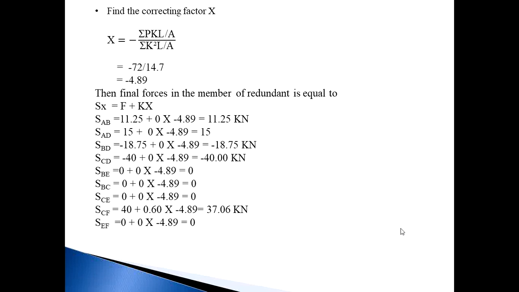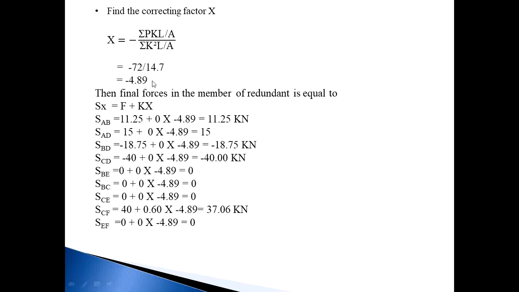So find the correcting factor X. How to find the correcting factor X: it is minus summation PKL by A divided by summation K square L by A. So correction factor X is minus 4.89.